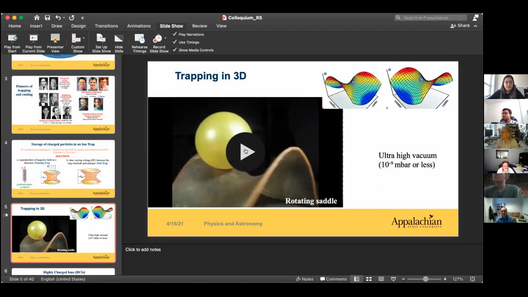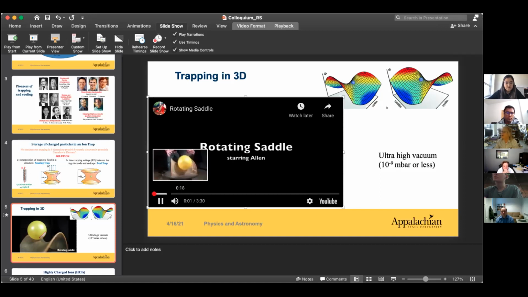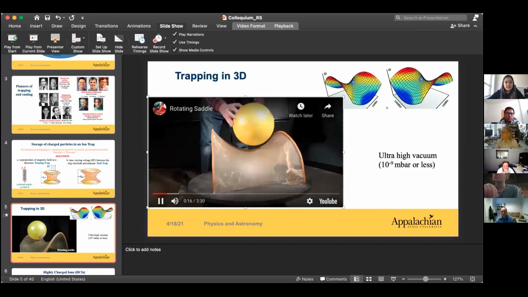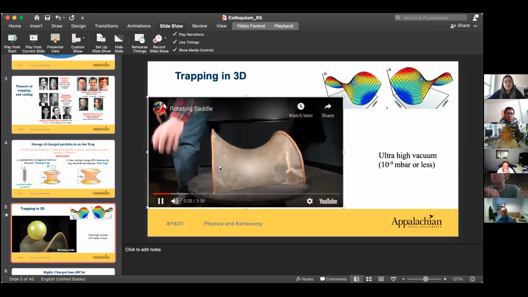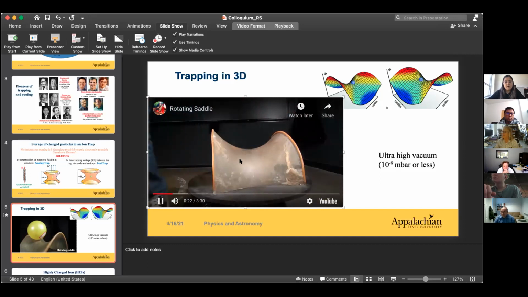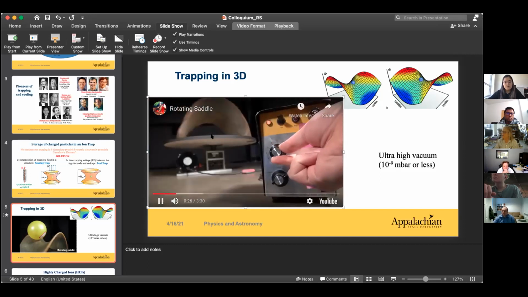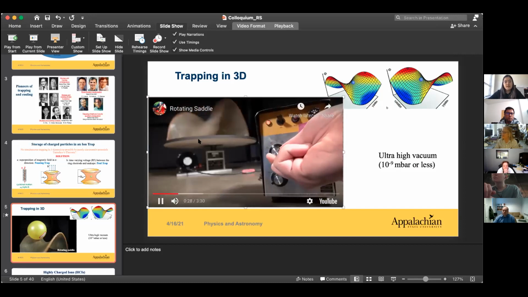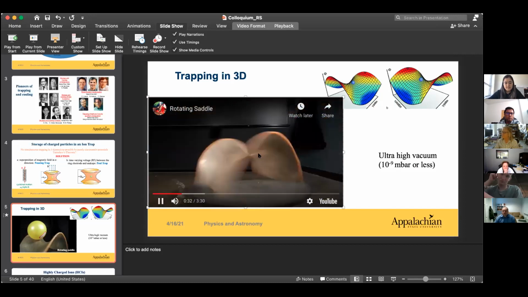So the idea, which is shown very nicely in this demonstration of a mechanical rotating saddle, is that, just take a look at it. Right now we have not applied any rotating force, so the ball wouldn't be trapped or stick to the saddle. But now we are adding a rotation to this system.